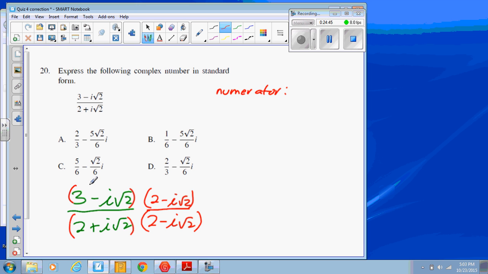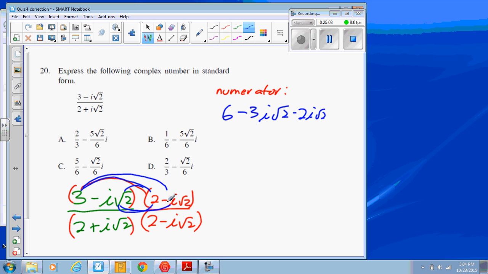So the numerator is 3 times 2, that's 6. 3 times negative i square root of 2, so negative 3i square root of 2. In the middle, this is going to be minus 2i square root of 2.